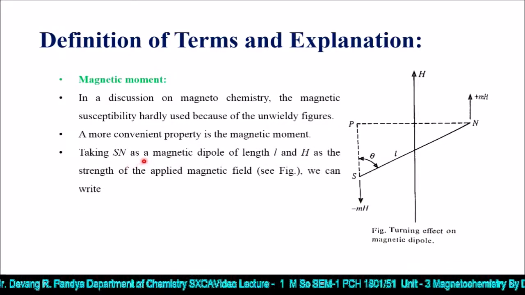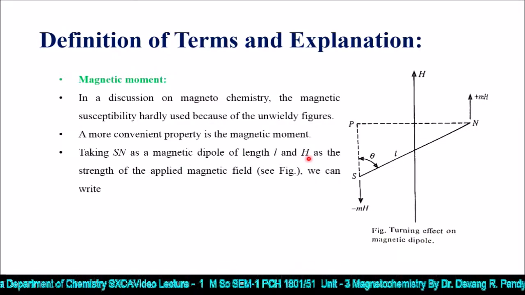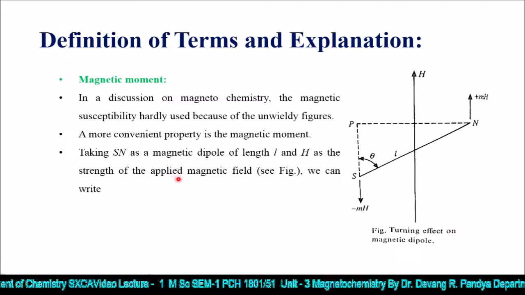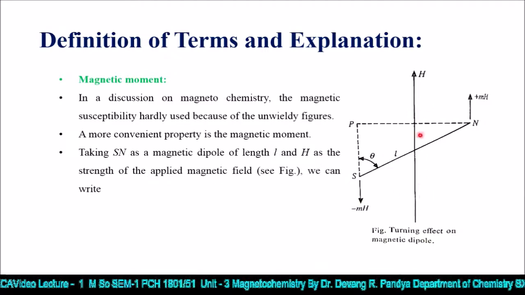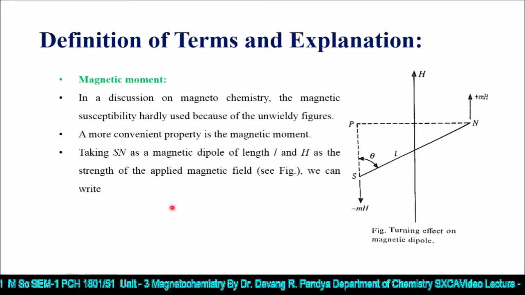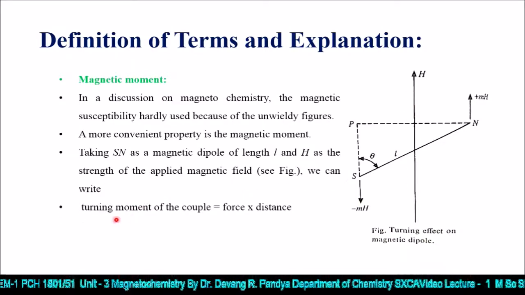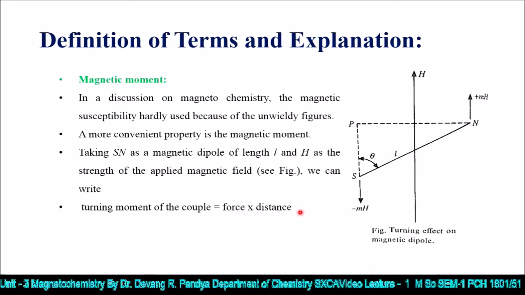Taking NS as a magnetic dipole of length L and field H as the strength of the applied magnetic field, we can see here the strength of the applied magnetic field is in this direction. We can write the turning moment of the couple is equal to force into distance.